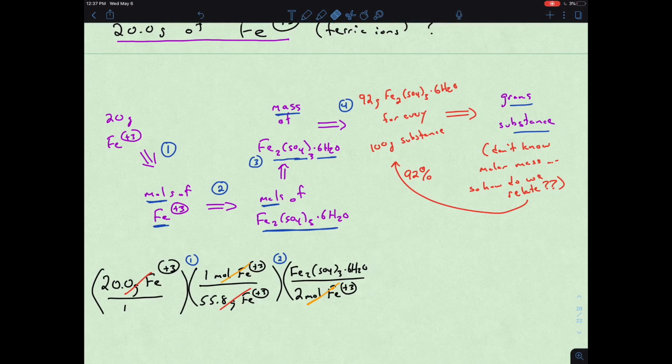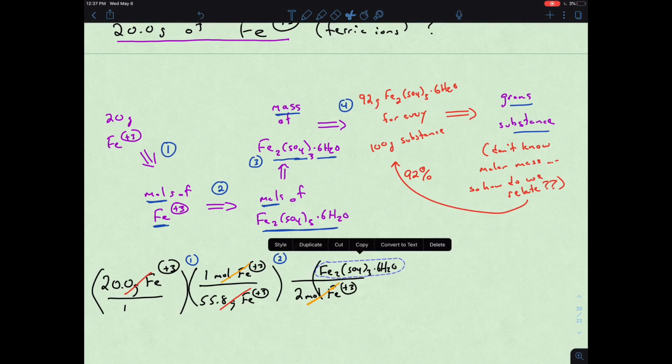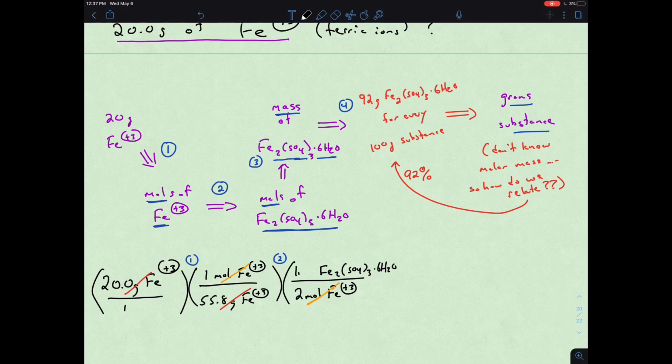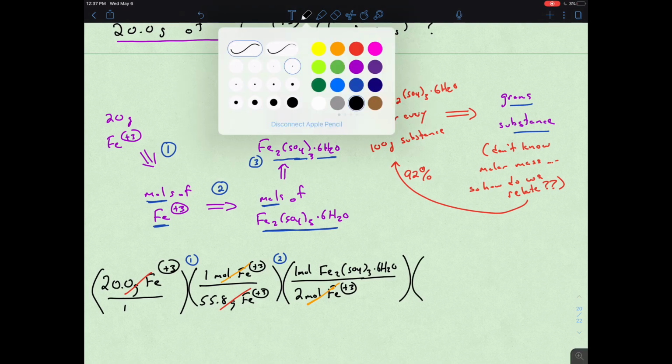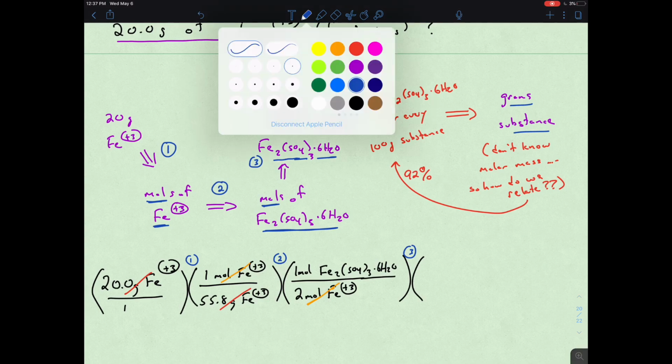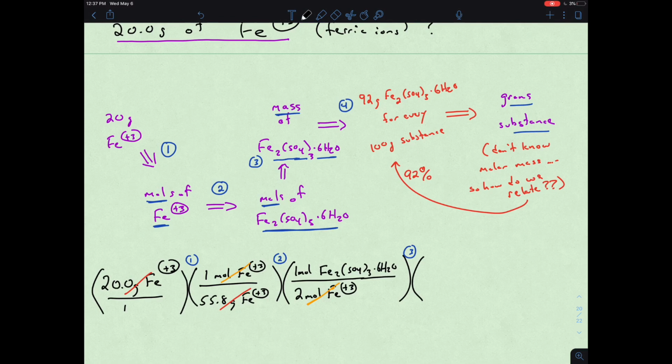Let's fix that up just a little bit here, if I can. All right, because we should have 1 mole out in front of that. And then we're off to the third conversion, which is now this mass. We got to get to molar mass. So we have 507.6 grams per mole.